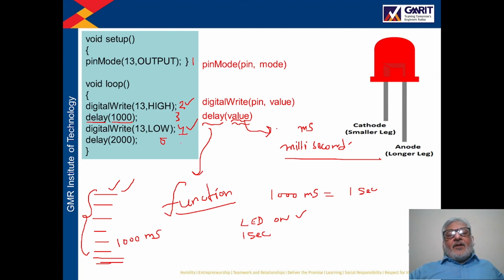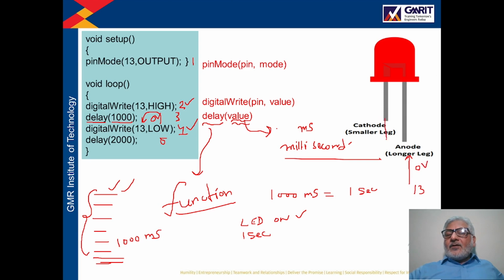statement number 4. And what is there in statement number 4? digitalWrite 13 comma LOW. So now what will it do? This LOW means 0 volt. Now 0 volt will be generated from pin number 13. See here, pin number 13 is this, and now it will generate 0 volt.